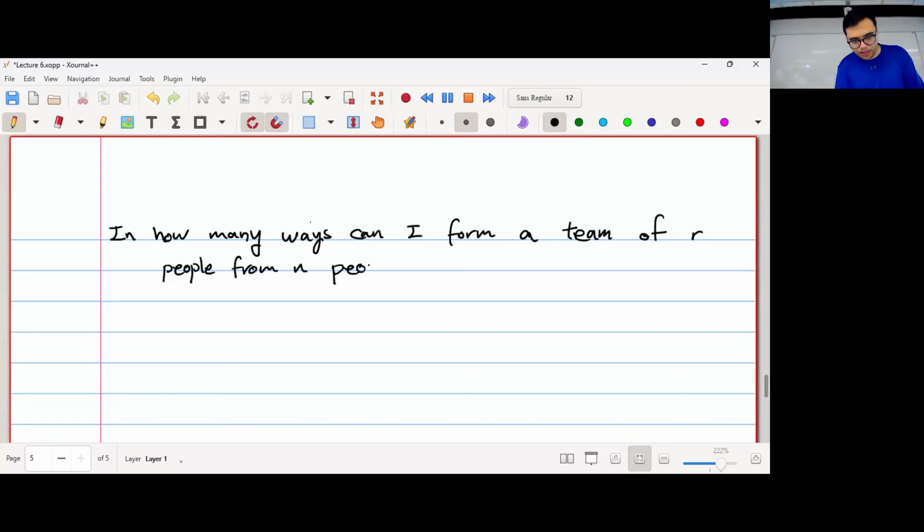Okay. Now, another way of thinking about this is that I have a set of size n, and I'm asking how many subsets of size R can I have? Okay. Right. This is exactly the same thing. So how many subsets of n have size R?